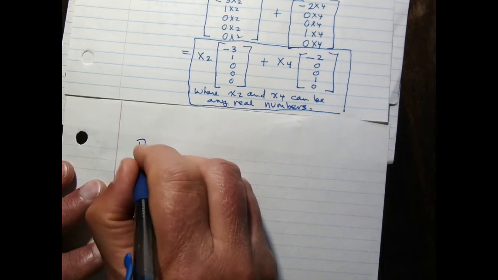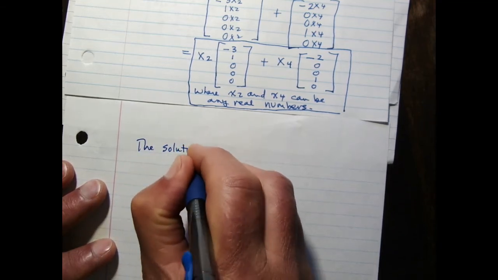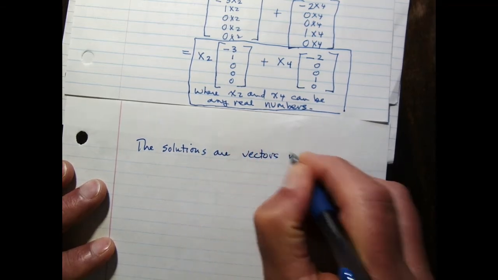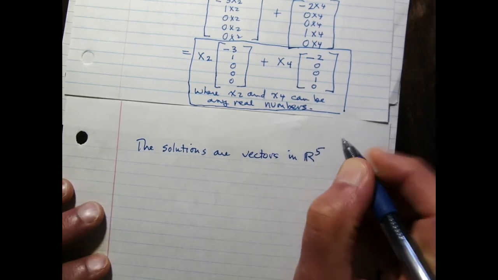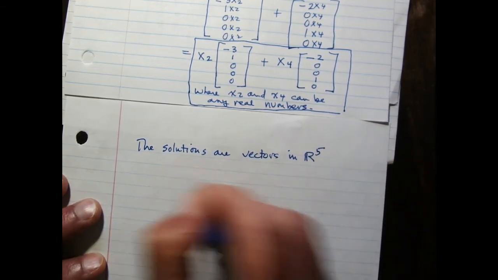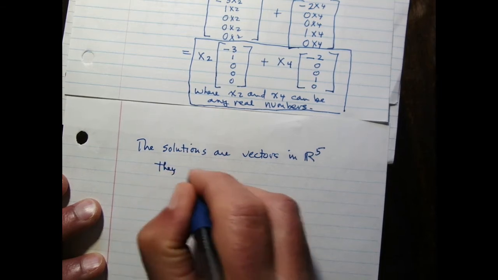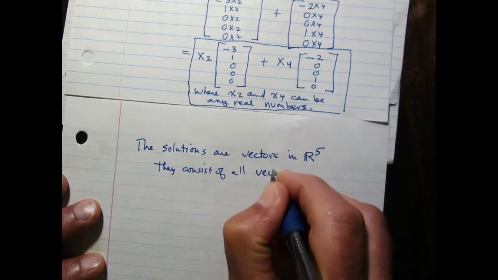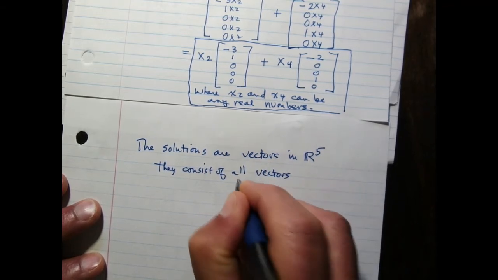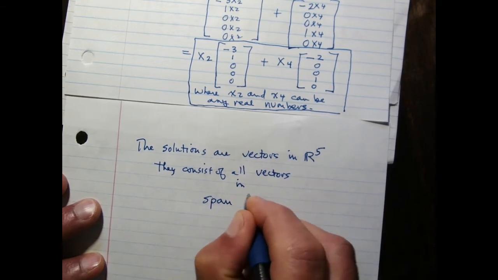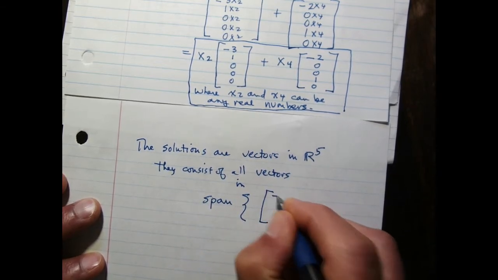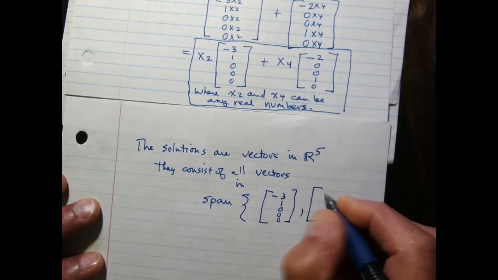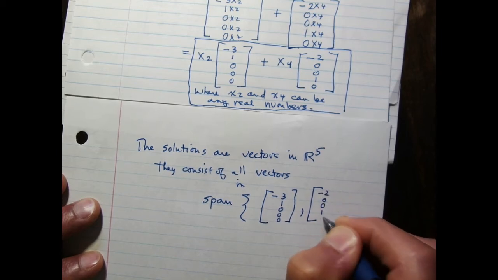So the solutions are vectors in 5-dimensional space, and they consist of all vectors in the span of negative 3, 1, 0, 0, 0, and negative 2, 0, 0, 1, 0.